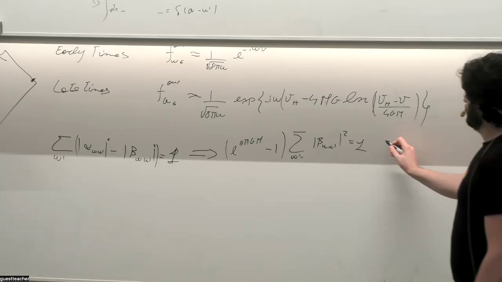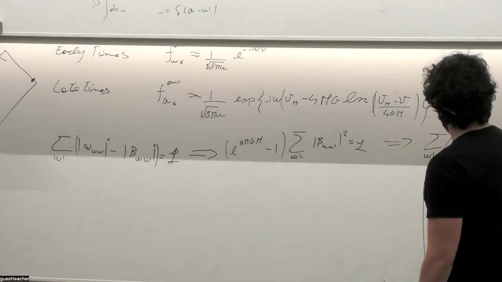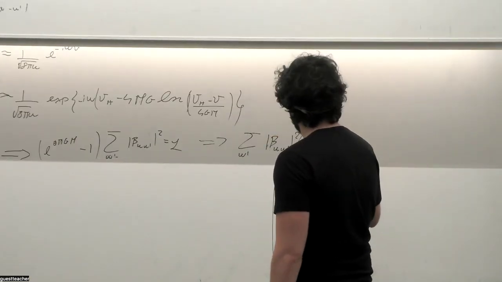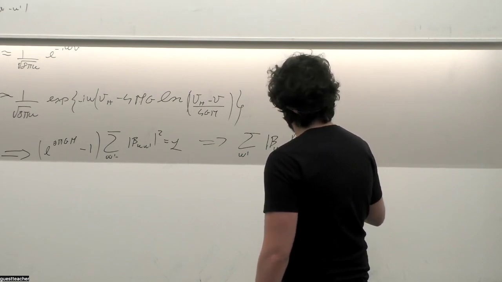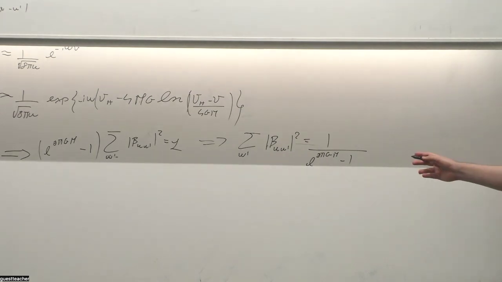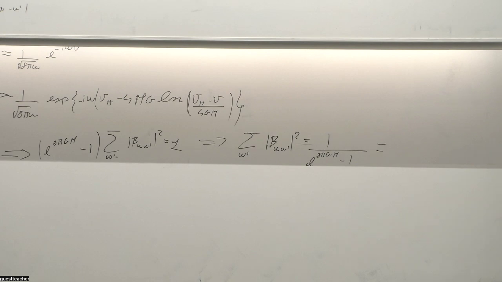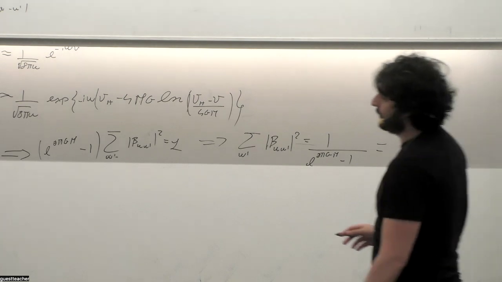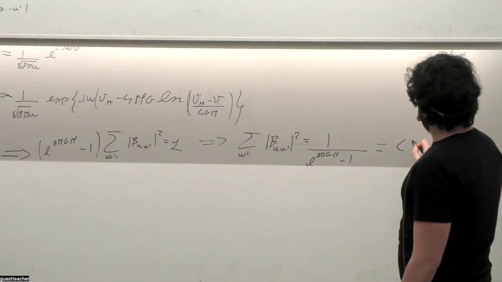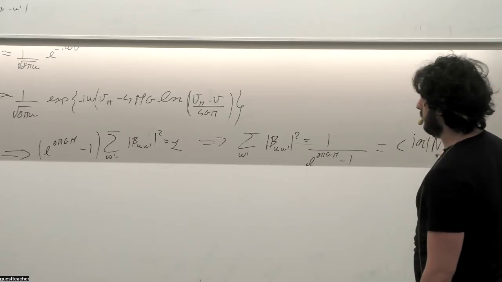And so the sum over omega prime of beta omega prime squared is equal to 1 divided by e to the 8 pi G M minus 1. This is equal to, as we have decided before, the point of computing the Bogoliubov coefficient, the expectation value in the in state of the number particle operators defined in the out state.